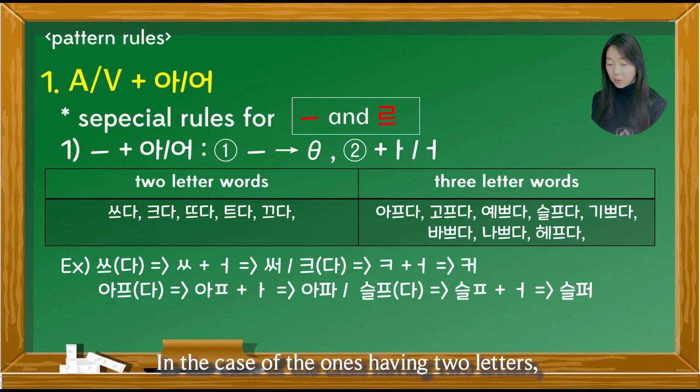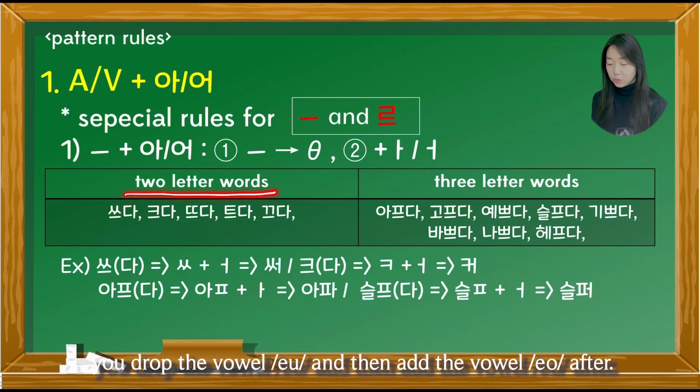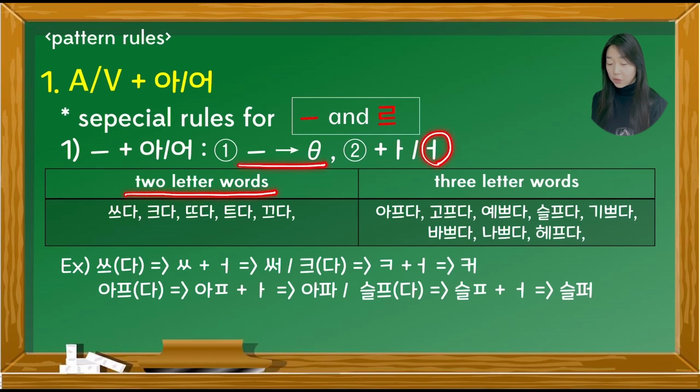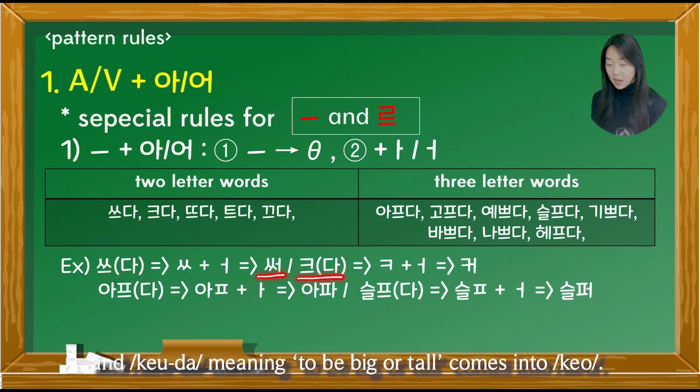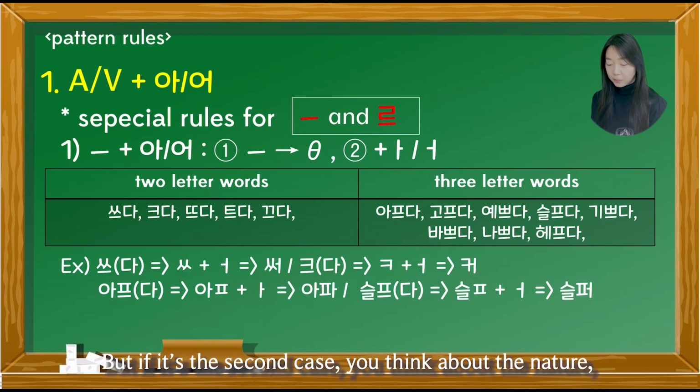In the case of the ones having two letters, you drop the vowel 으 and then add the vowel 어 after. So 쓰다, meaning to write, comes into 써, and 크다, meaning to be big or tall, comes into 커.